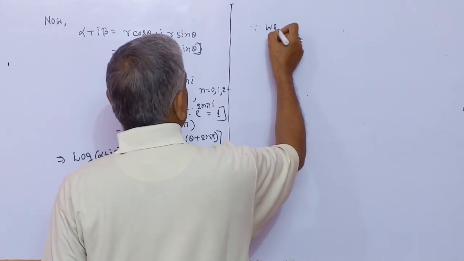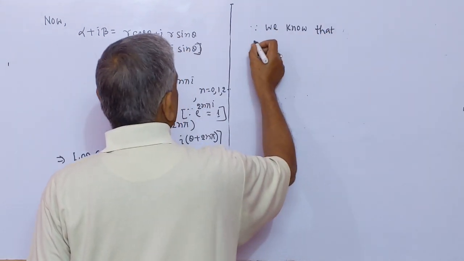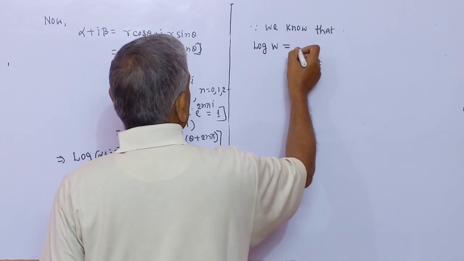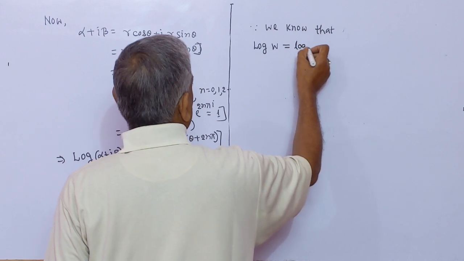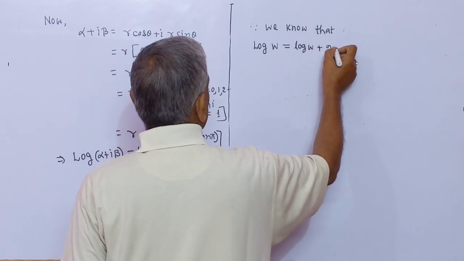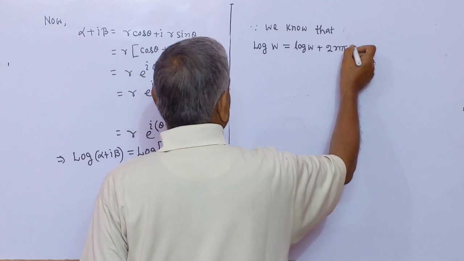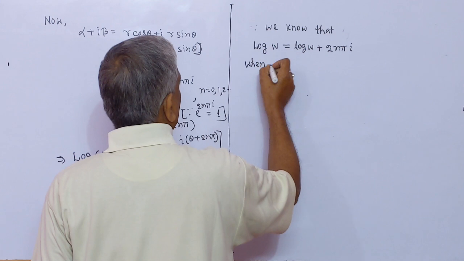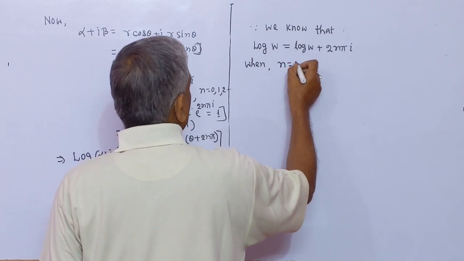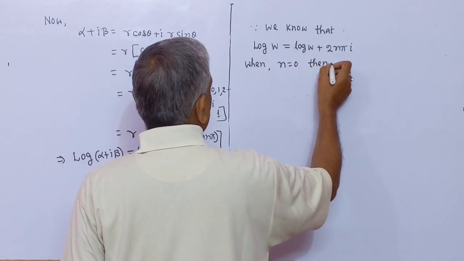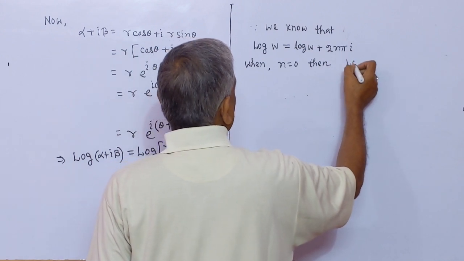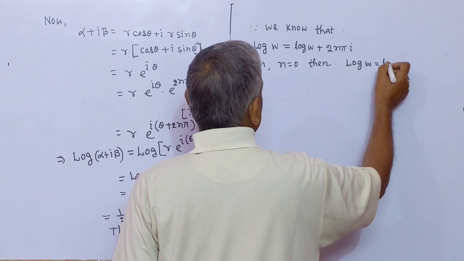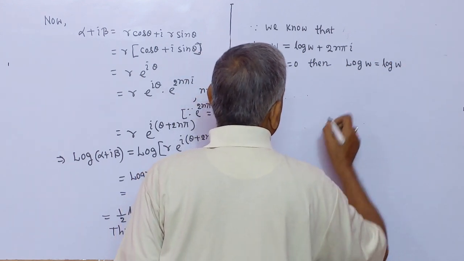Since we know that capital Log w equal to small log w plus 2n pi i, when n equal to 0, then capital Log w equal to small log w.